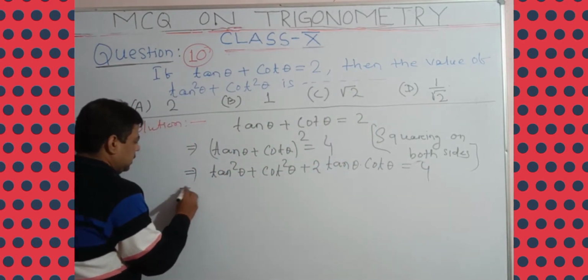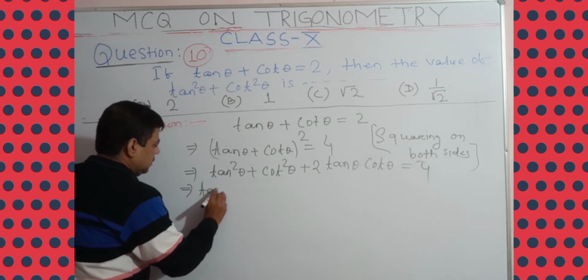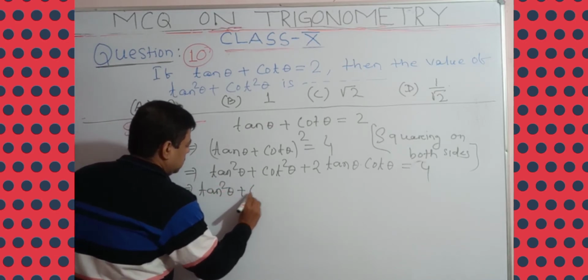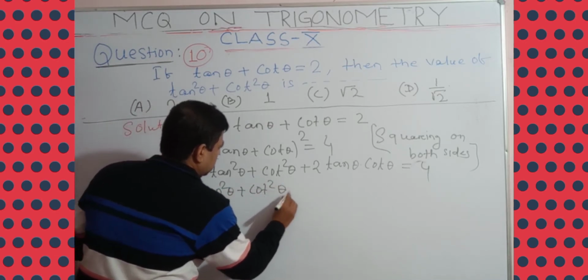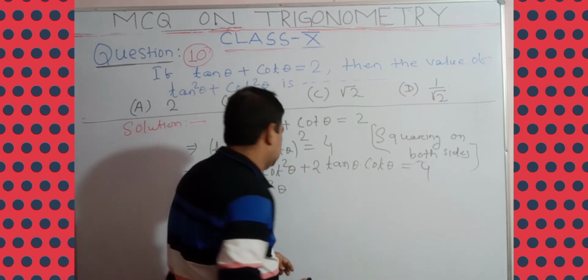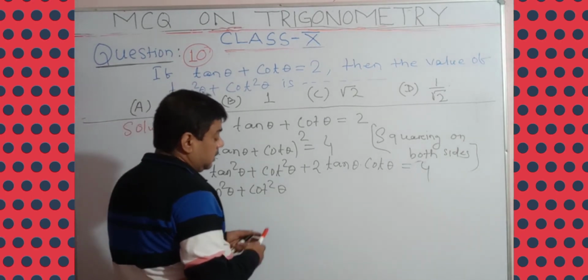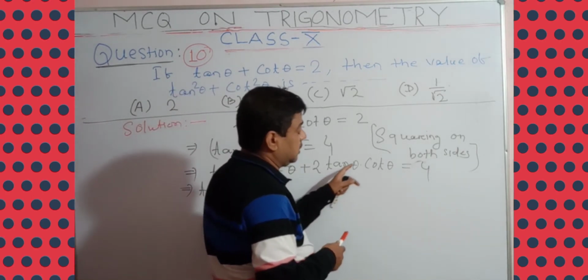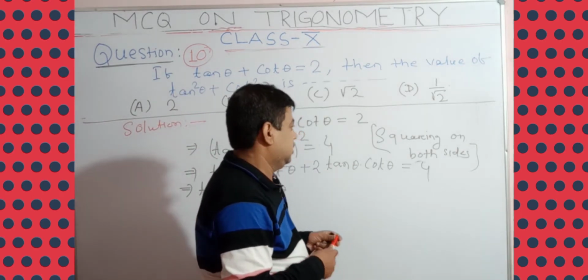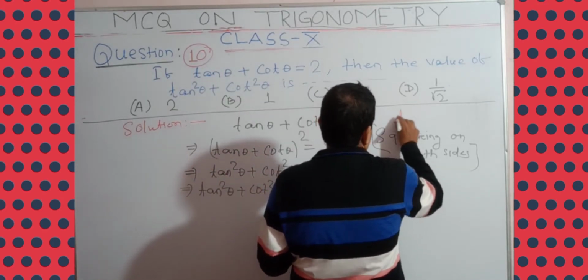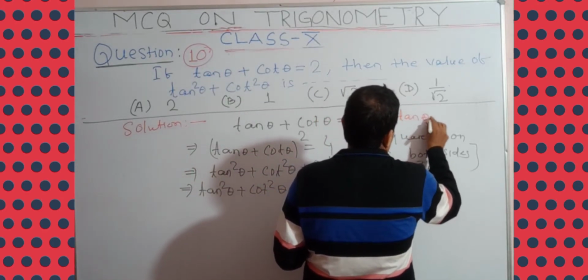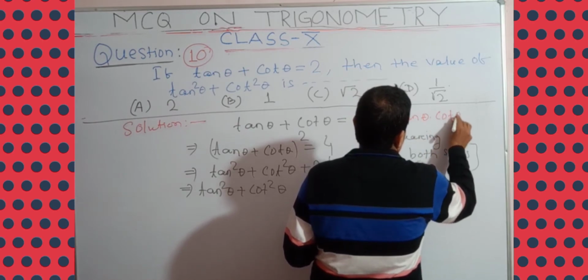So that implies tan square theta plus cot square theta. You see now 2 tan theta and cot theta. The product of tan theta and cot theta is 1 because tan theta is the reciprocal of cot theta and vice versa. So tan theta into cot theta is 1.